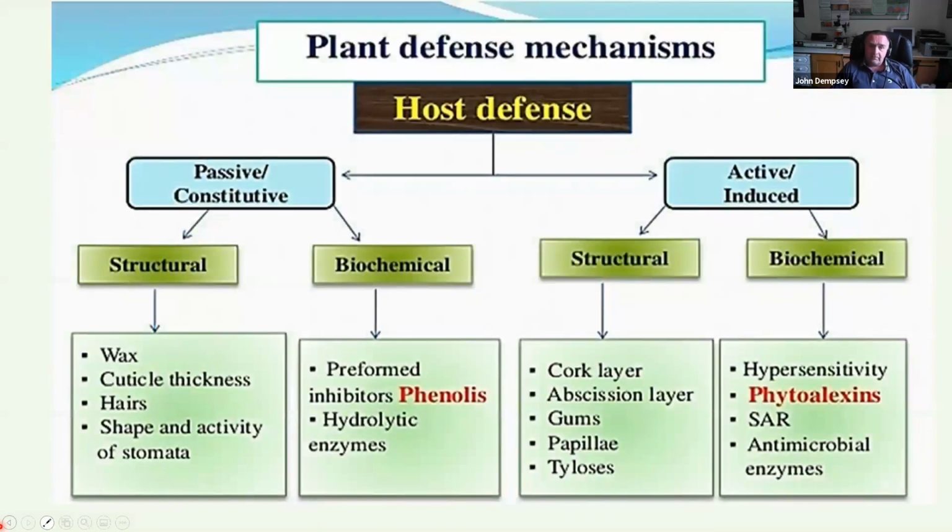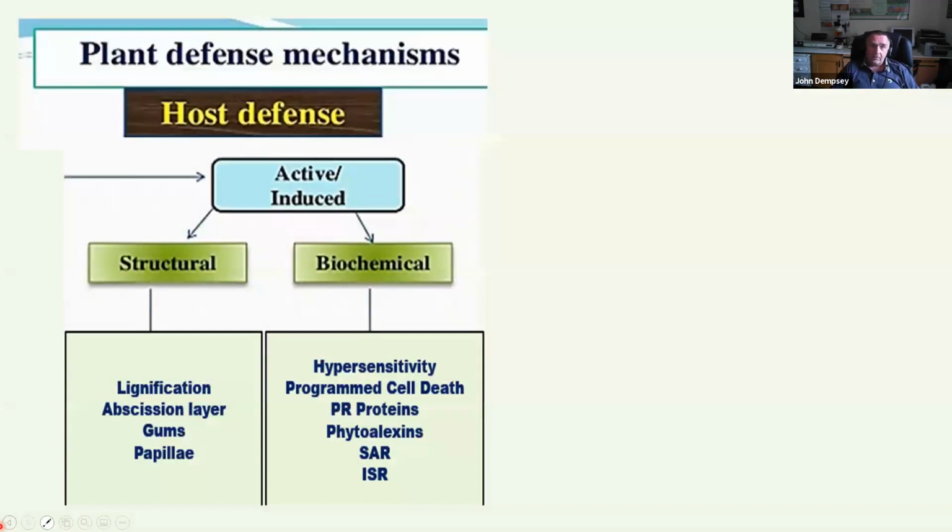But they're the structural and the chemical ones that are in place. It's these here that are more interesting, I think. These are induced, and these occur when the pathogen invades and the plant recognizes it. For these induced defenses, it involves a lot of stuff actually.